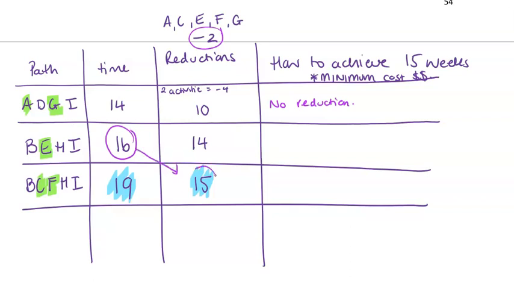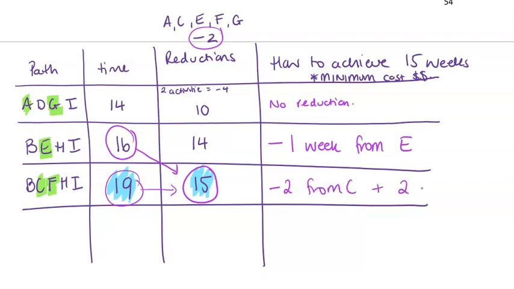We need to achieve 15. So we have to take 1 week. And our only option there is from activity E. So we've only got 1 activity we're allowed to reduce. For the third pathway, in order to get from 19 to 15, we had to do all 4 of those reductions that we applied. Okay, so we have to take 4 off, which means we're taking 2 from C and 2 from F.